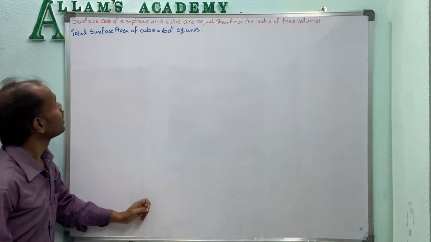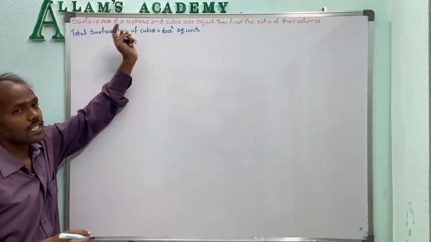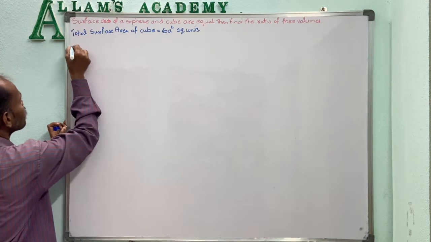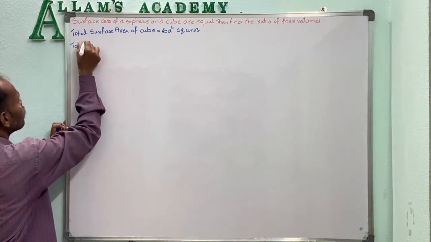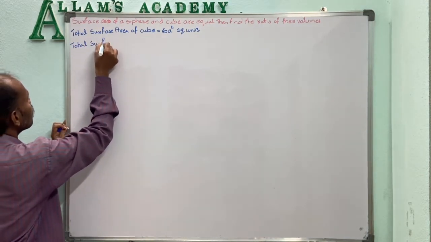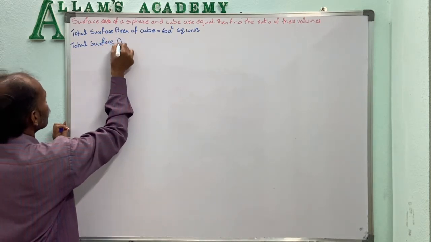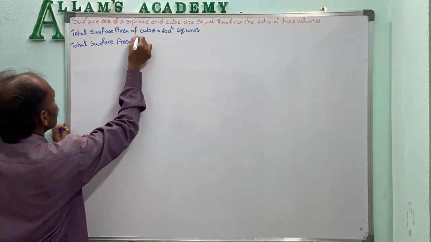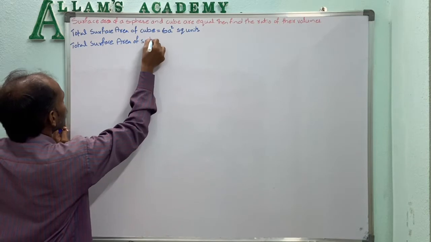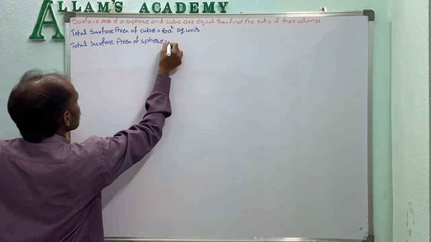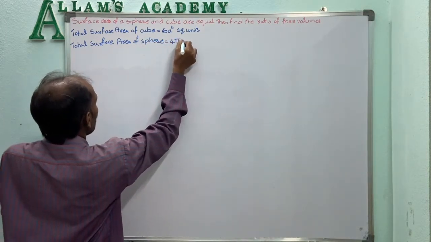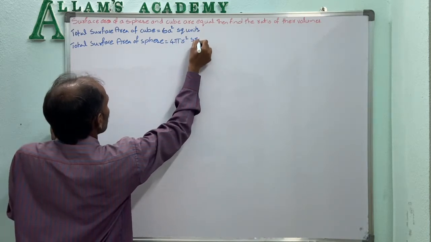Next, the total surface area of the sphere is 4 pi r square units.